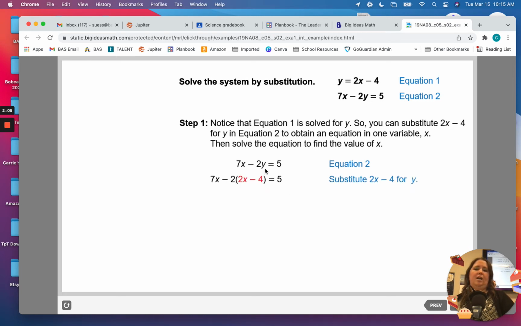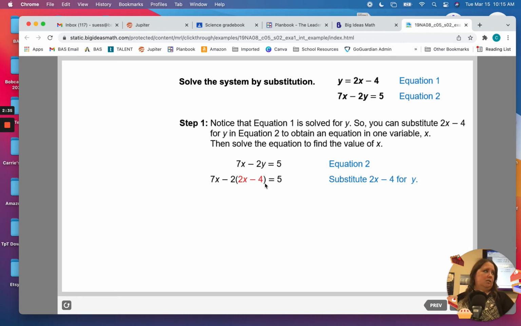So instead of writing y, I write open parentheses, and I write everything that y equals in the parentheses. Write that down. I'm going to substitute everything that y equals from the first equation in the second equation where the y would have been. So you see how I just replaced y with what y equals.